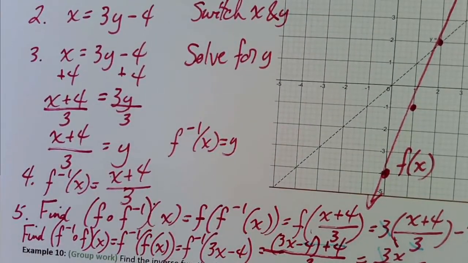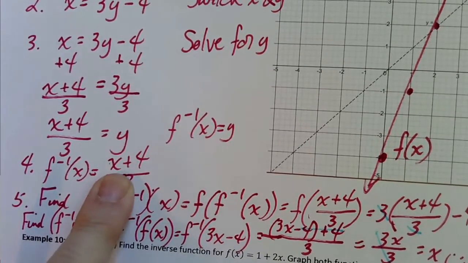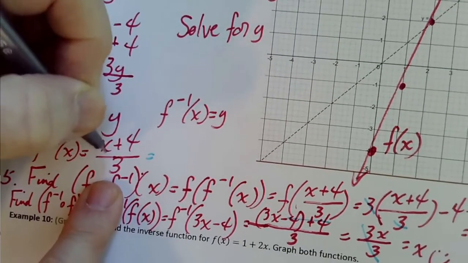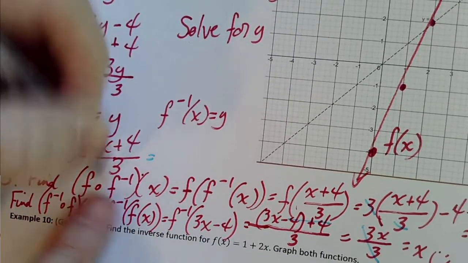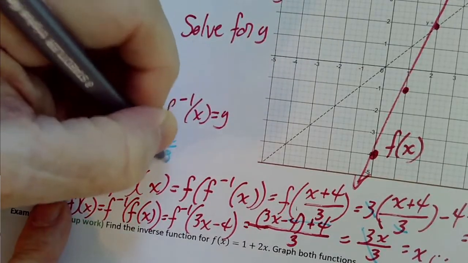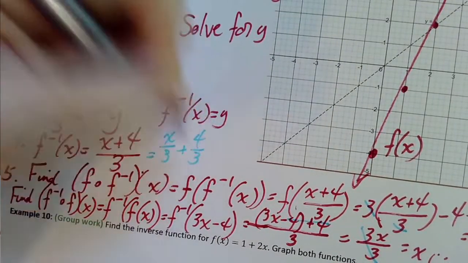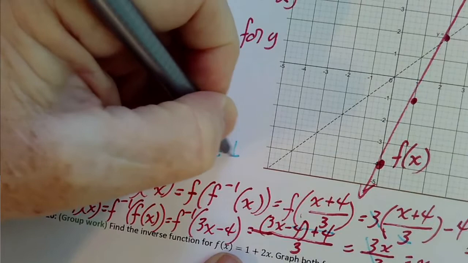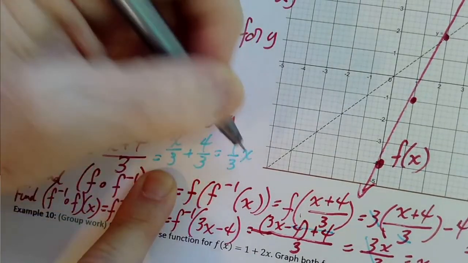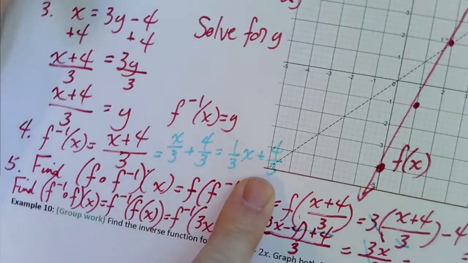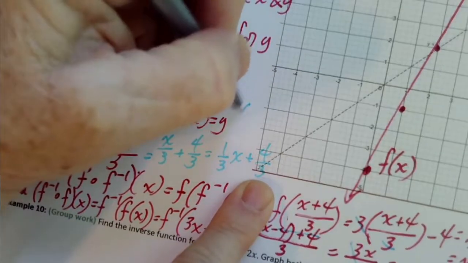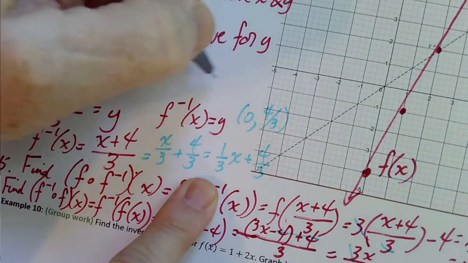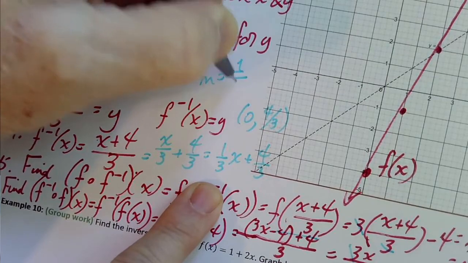To graph f inverse, I want to do one step to my function for f inverse. I want to write this denominator of 3 separately. So I'm going to write x over 3 plus 4 over 3. And that x over 3, that's the same as 1/3 times x plus 4/3. So our y-intercept here is 0, 4/3, and the slope is 1 over 3.